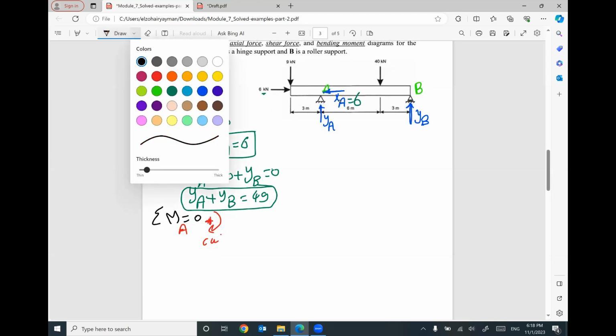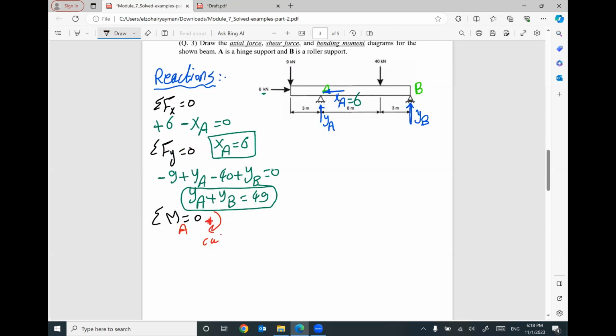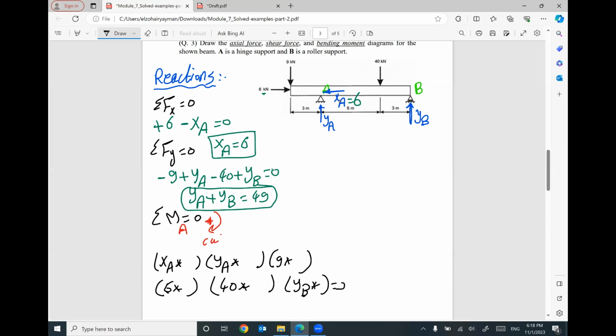I have everything: XA times distance, YA times distance, 9 kilonewton times distance, 6 kilonewton times distance, 40 kilonewton times distance, YB times distance equals 0.